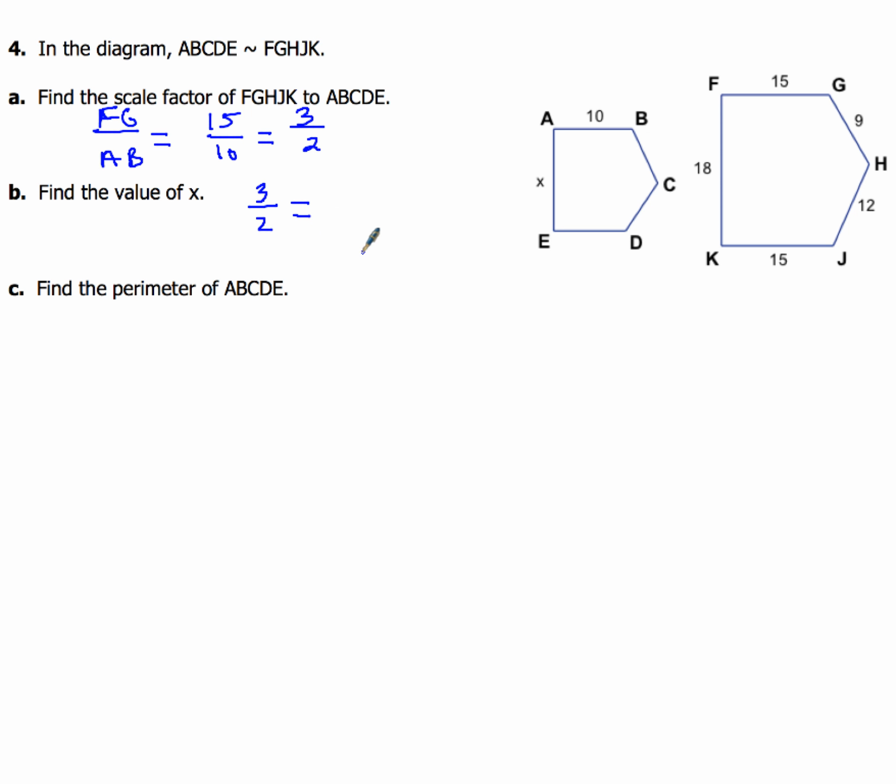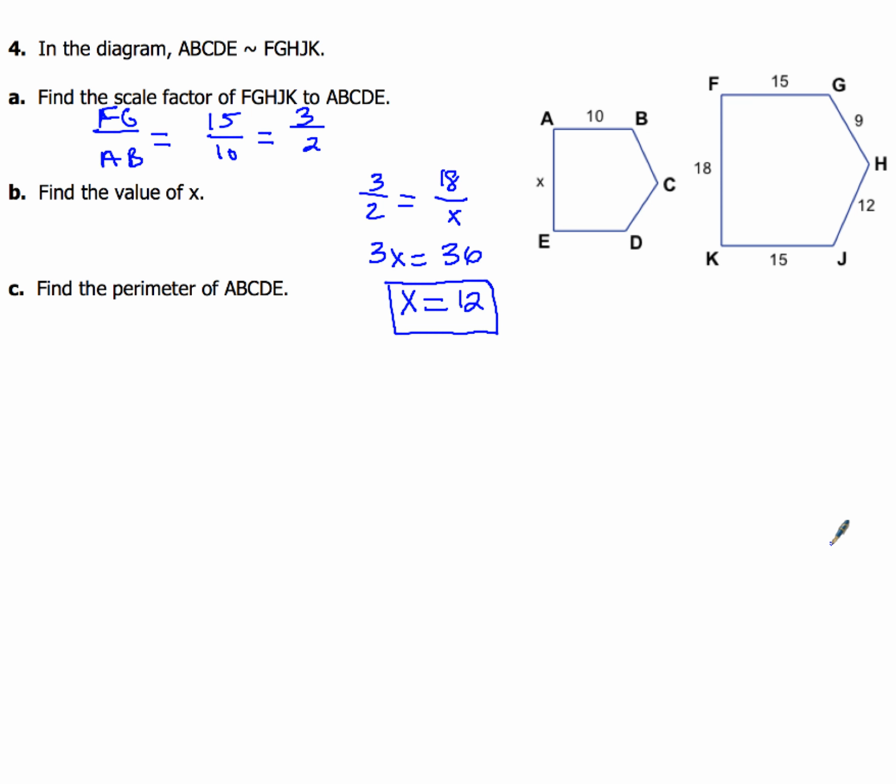What you have to do is make sure that you set up the proportion correctly, because we're going from the larger figure to the smaller figure, so that would be 18 over x. Now cross multiply and divide and see what you come up with for the value of x. Go ahead and hit pause and do that now. Then come back and see if you got it correct. How'd you do with that? Hopefully you came up with x equals 12. Did your arithmetic correctly? Not a big deal.